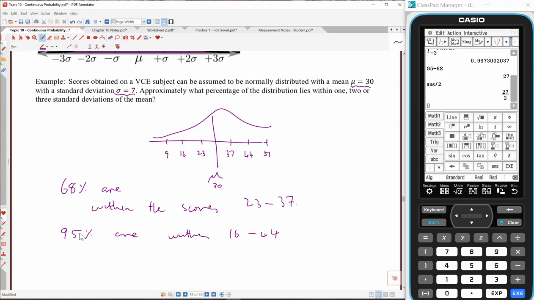So we've got most students falling somewhere between 16 and 44, and 99.7% are within 9 to 51. Okay, and that's going to cover pretty much everyone between 9 and 51.